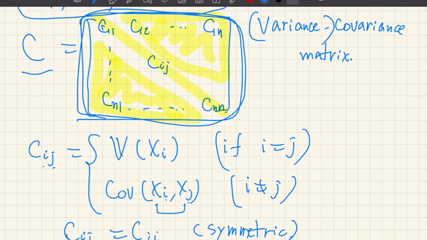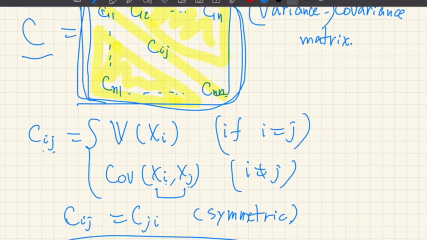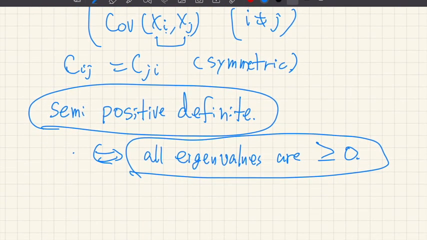In general, a real matrix can have complex eigenvalues, but that's not the case for a covariance matrix. So we can always discuss its sign, and they are always non-negative.